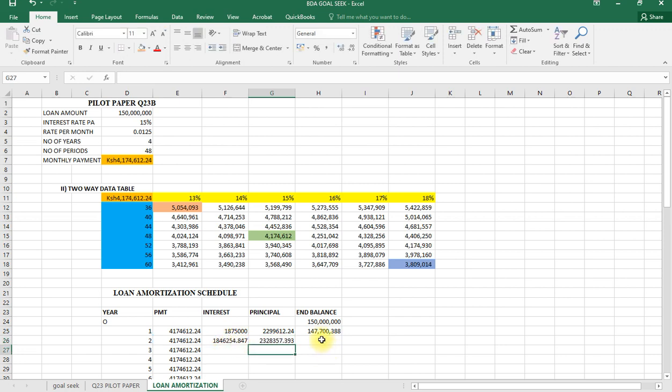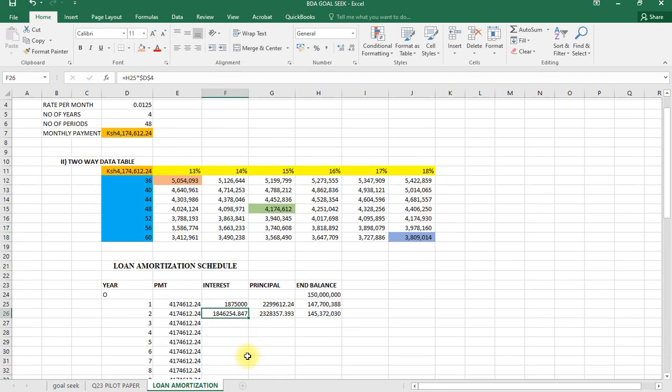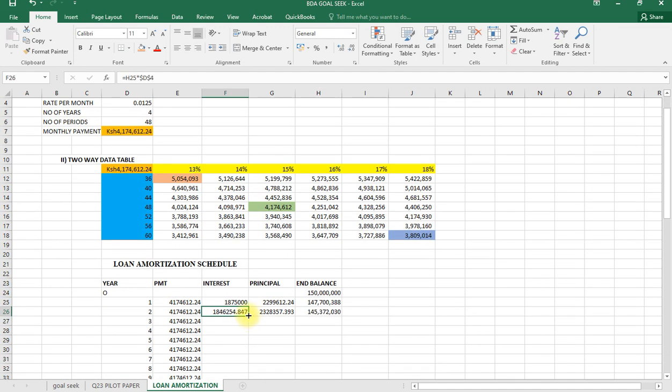And to get the balance, so that we need to autofill. Remember, we are taking the opening, and we minus the principal, and we enter that way. And now with that, we can autofill this.